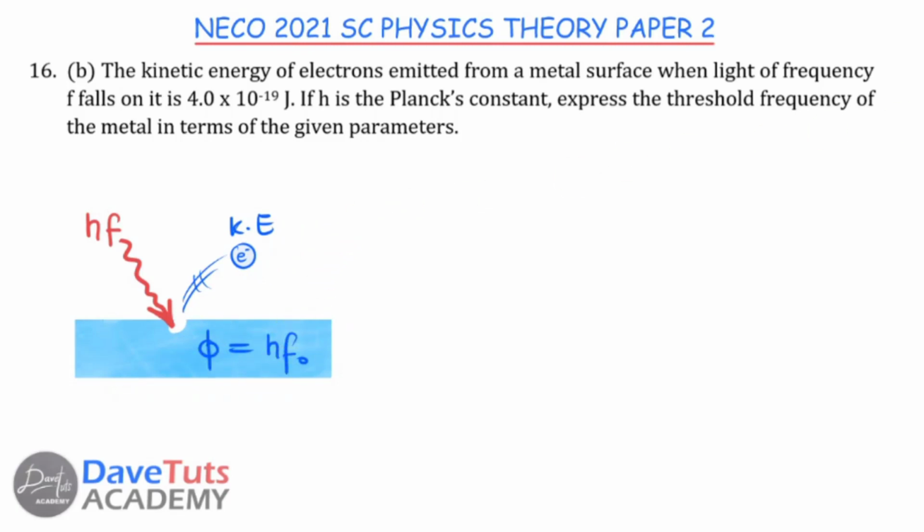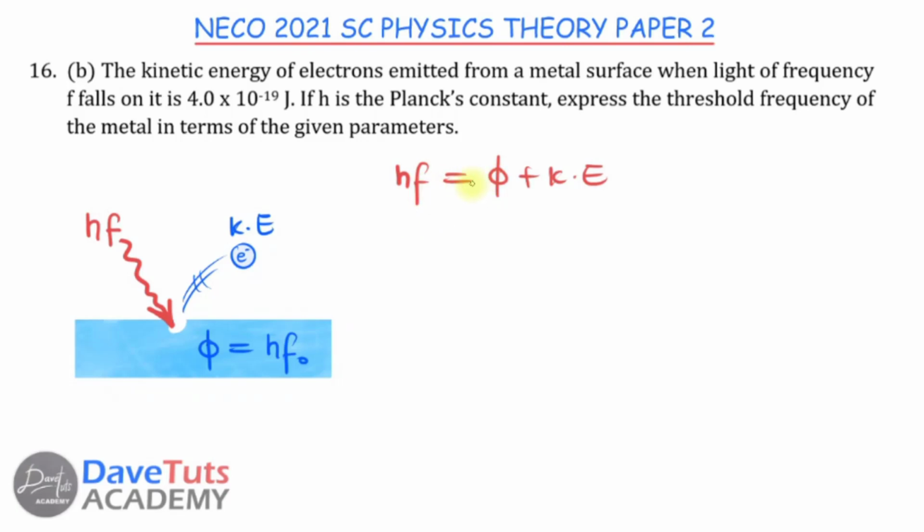What we normally work with is that the energy hf is equal to the work function plus the kinetic energy. So hf is the photon energy, f is what we are given as just ordinary f. We are not given its value, but we are given that the kinetic energy emitted is 4 exponent minus 19 joules.